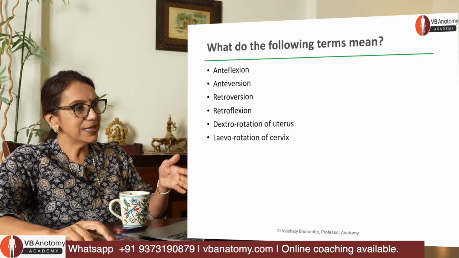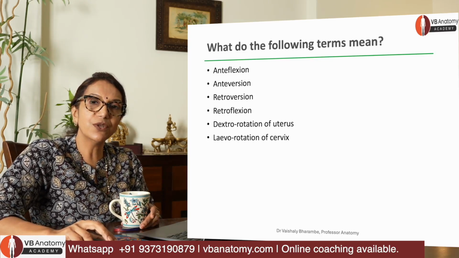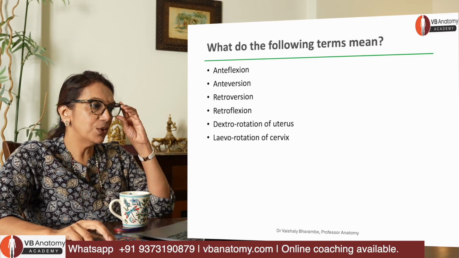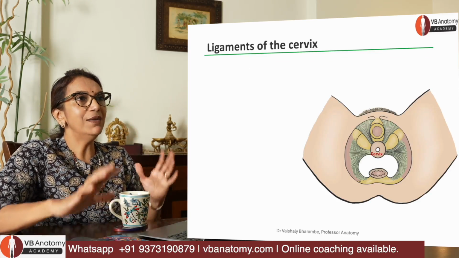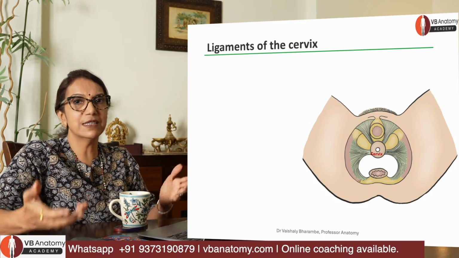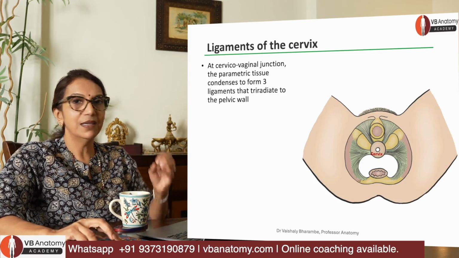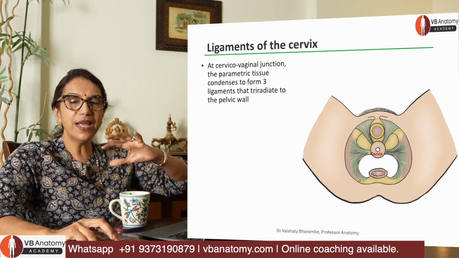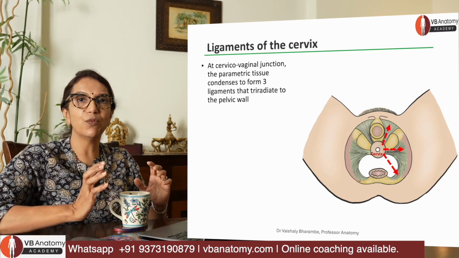So at this point, these are some of the terms I would like you to explore, like retroversion, retroflexion, dextrorotation, levorotation of the cervix. So now let's talk about why I kept saying that the cervix is the most fixed structure. Yes, it is the most fixed structure because three ligaments triradiate out from the cervix into the lateral pelvic wall.